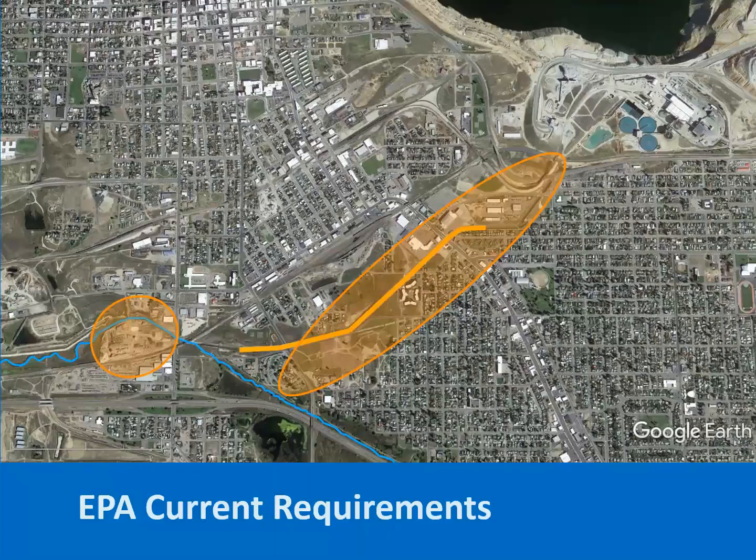So the good part of this story is that this has been kind of a long road. And right now the EPA is moving forward with final parts to their remedy. And fortunately, they are now addressing those two main contamination areas.